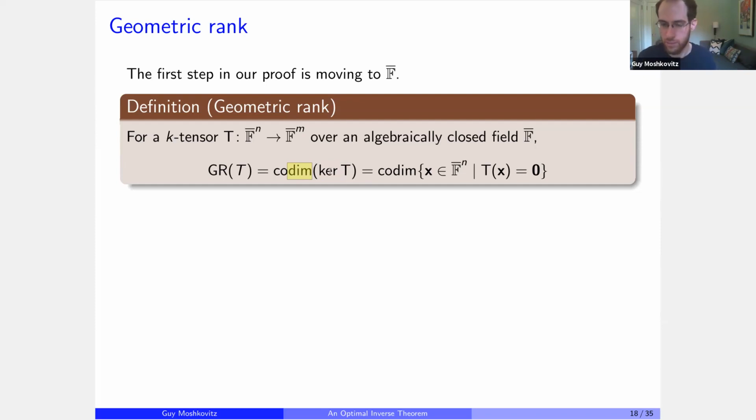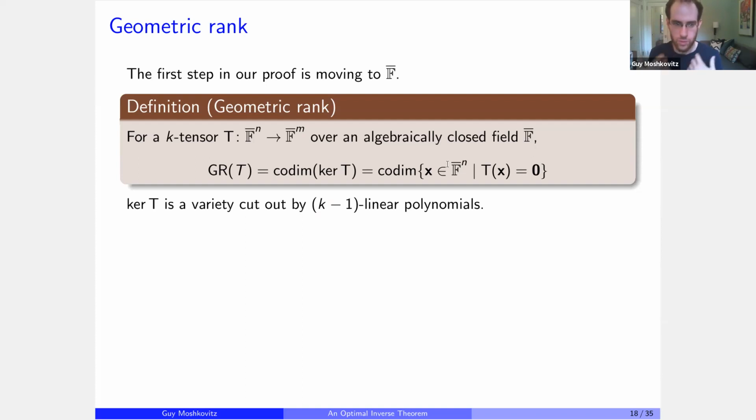For 3 tensors and above, really what you have here is the codimension of some variety. Okay, this variety is cut out by polynomials of degree k minus 1, right? Because these are the entries of this polynomial map.